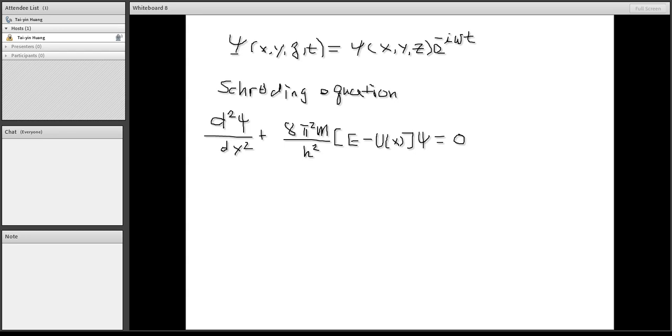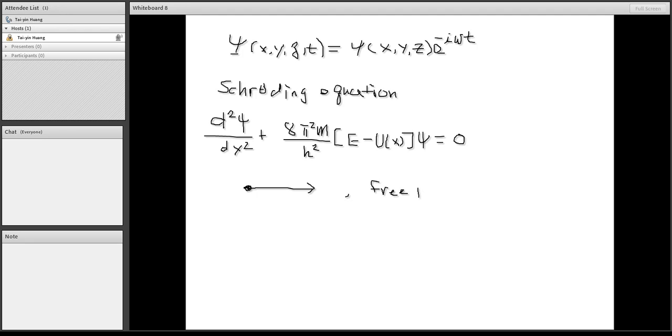Let's say you have an electron that's coming from the left and moving in this direction, and there's no force acting on the electron. So this electron is a free particle. When we say it's a free particle, it means there's no force acting on it.